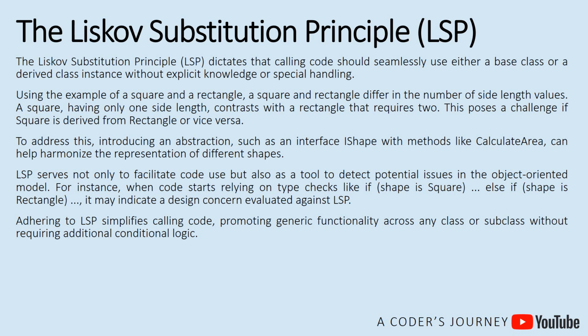As in the example of a square and a rectangle. Sometimes because we want to reduce code duplication, we go for inheritance and so on, but that is not the best route to go, right? So separating those ideas and then implementing an abstraction for these two different classes would be the best idea.